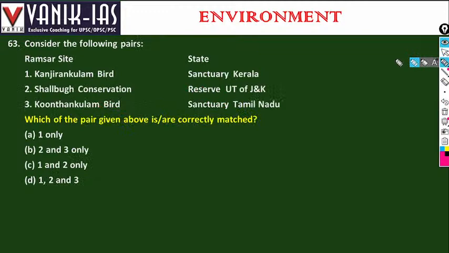Next, consider the following pairs: Ramsar site, Kanjirakulam bird sanctuary, Salvo conservation, Kuntakulam bird sanctuary. What is Ramsar sites?